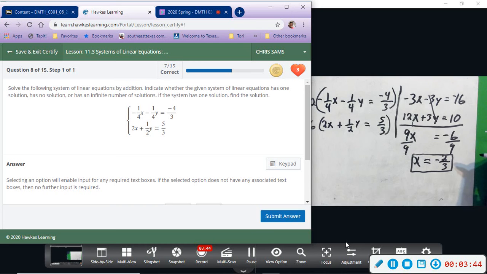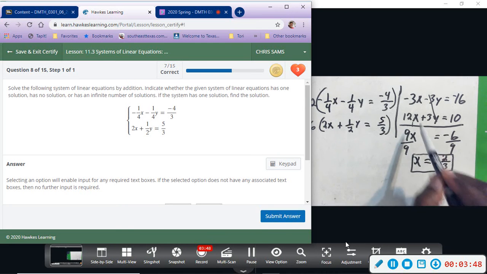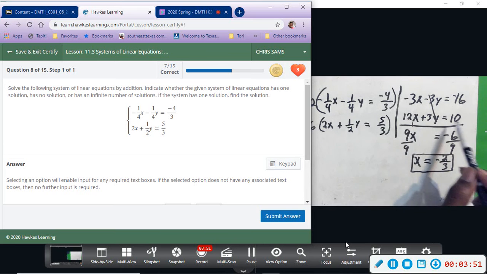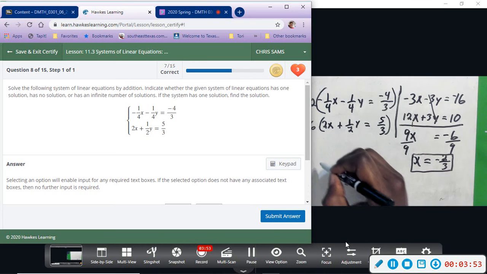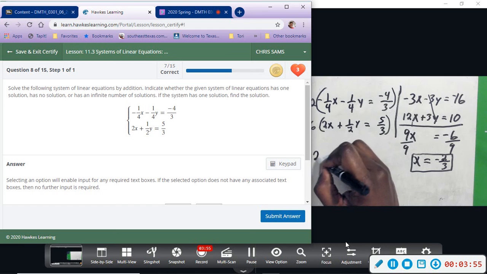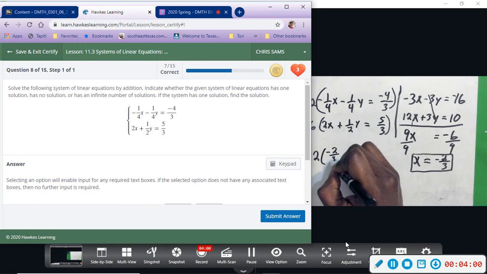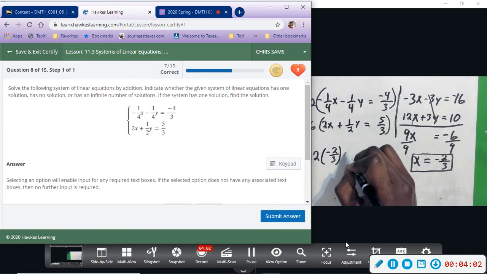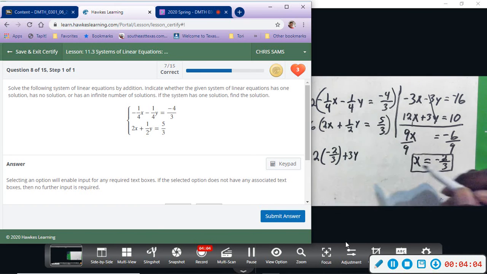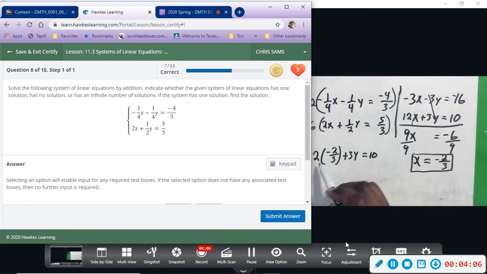Okay, and then from here I'm going to use this negative 2/3 and use one of these equations. Let's use this bottom one because I like positive, and we're going to solve for y. So we have 12 times negative 2/3 in parentheses plus 3y equals 10. Okay, so this 12 times this fraction is telling me I'm multiplying by 2 and dividing by 3. Either one in either order doesn't matter. I like to divide, make it smaller.